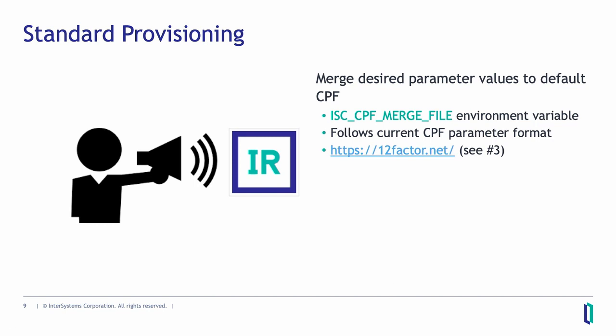So now how we accomplish this is with the ISC CPF merge file environment variable declaration, which points to the path of the declarative configuration state file, or the CSF file. The CSF follows current CPF parameters. So mostly everyone familiar with the iris.cpf file?